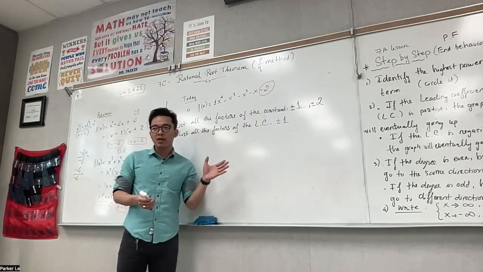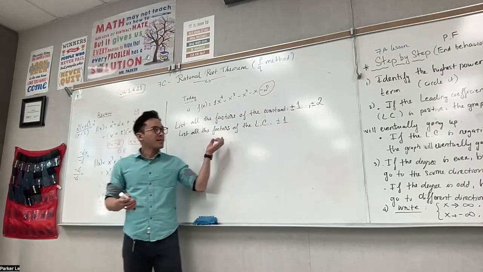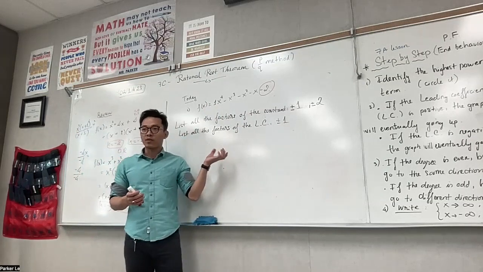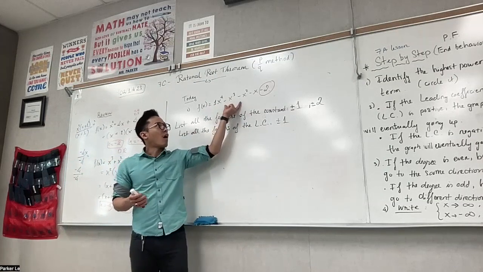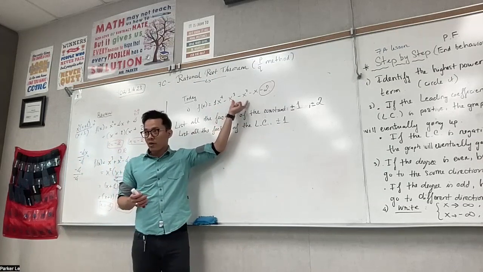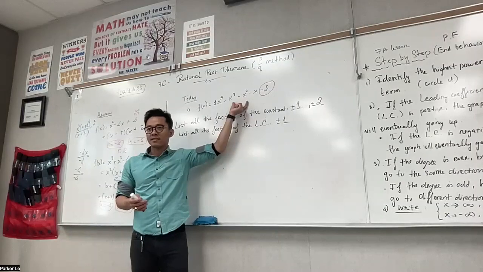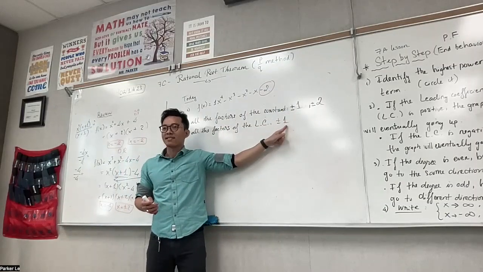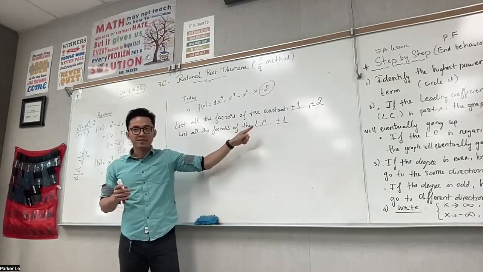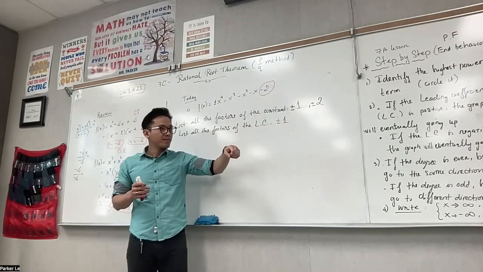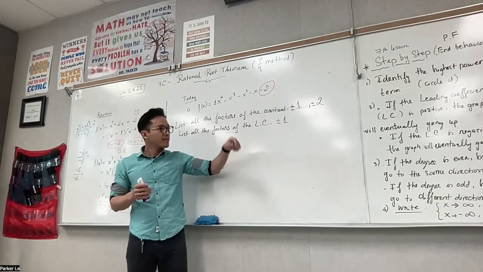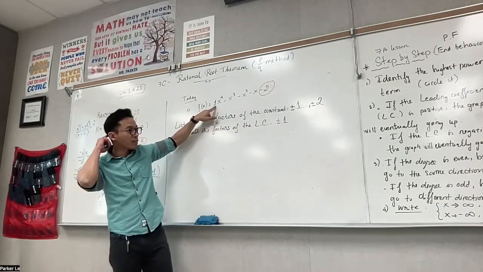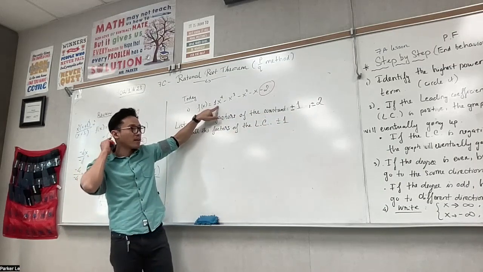So the rational root theorem is very powerful. It says that all the solutions for this polynomial are found when you divide this by this. I'm going to say it again. Leading coefficient is the coefficient of the term with the highest power.